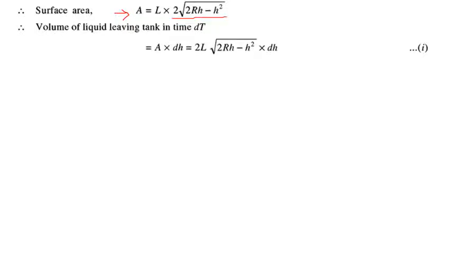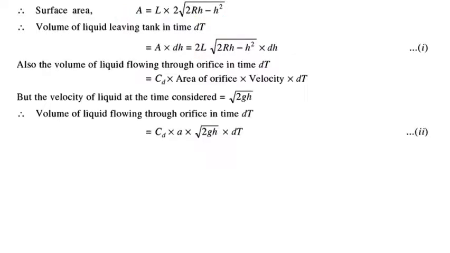So the volume of liquid leaving the tank in time dt is 2L into square root of 2RH minus H square into dH, that is area into dH. And the volume of liquid flowing through the orifice is, by the theoretical equation, CD into area into velocity into dt.